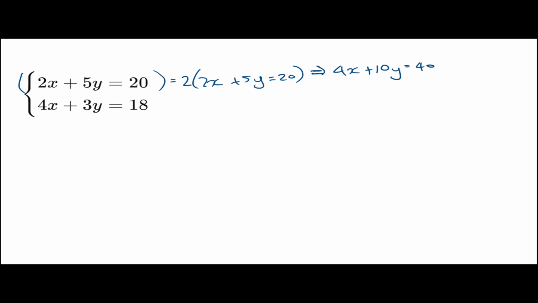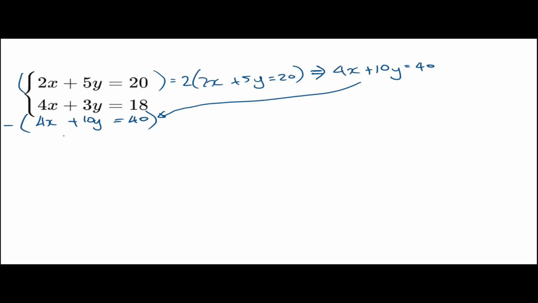And then we're going to take that and we're going to put it underneath the second equation, so just so you can see what I'm doing there. And now when we subtract the bottom one from the top one, it's going to get rid of those x's straight away, and that's why we did it in the first place.